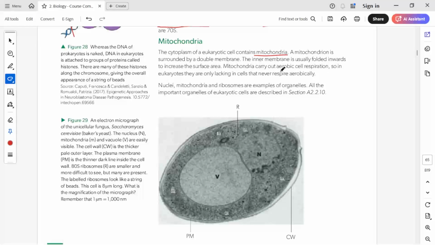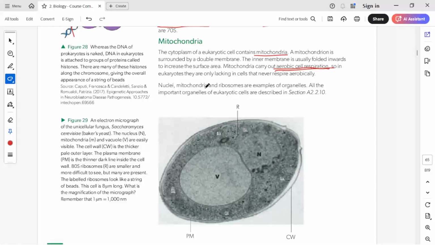Mitochondria carry out aerobic cell respiration, where complex molecules are broken down into smaller ones and ATP is produced. Eukaryotes are only lacking in cells that never respire aerobically.